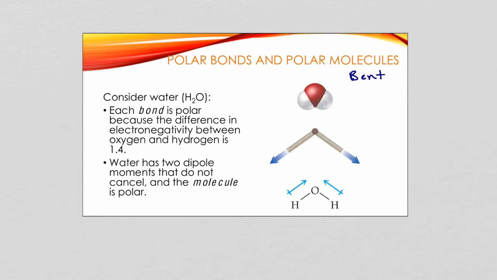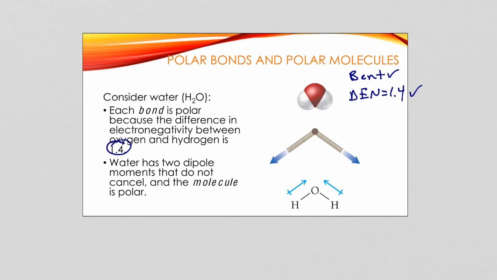And if we do the difference in electronegativity, we did that earlier, it comes up to be 1.4. So this clearly is a polar bond, and a bent geometry. Now, a bent geometry is non-symmetric.